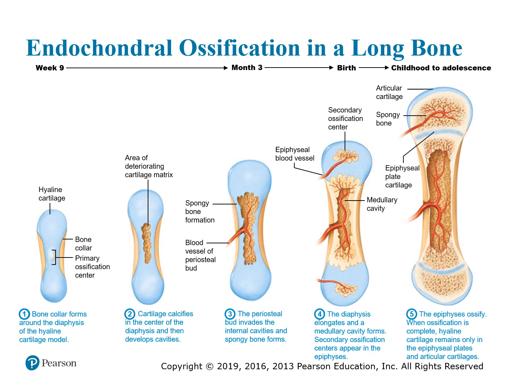In your final step, the epiphyses will ossify, and when this ossification is complete, you're only going to see cartilage remaining in the epiphyseal plates, which are commonly known as growth plates, and the articular cartilages. Now we'll take a closer look at these epiphyseal plates a little later in the PowerPoint.